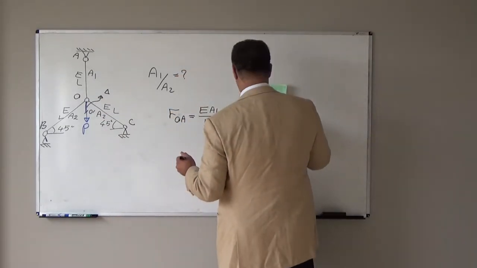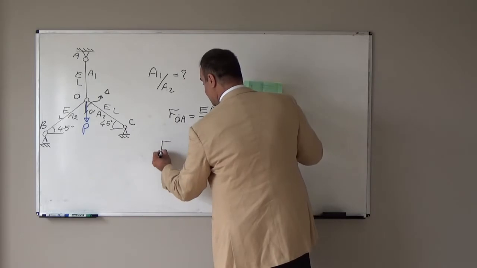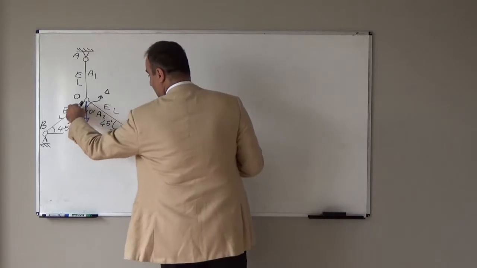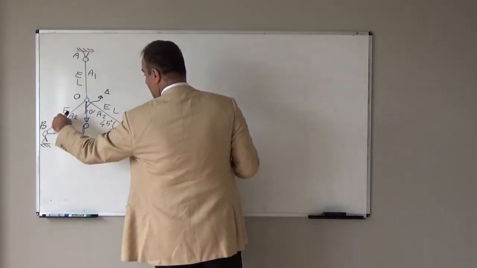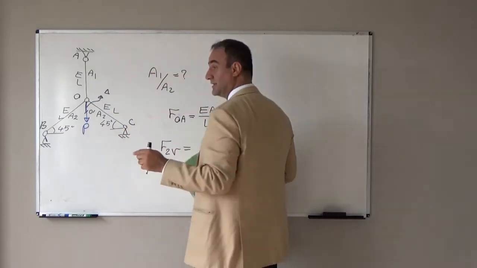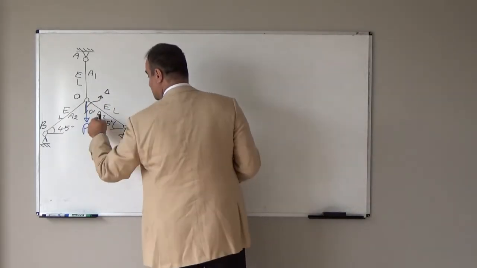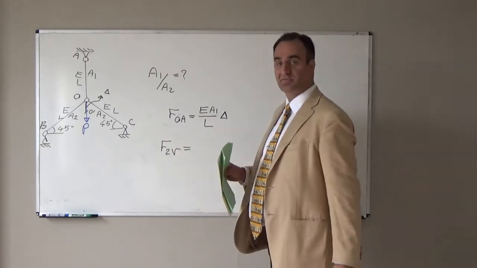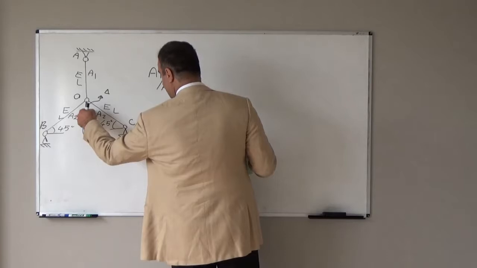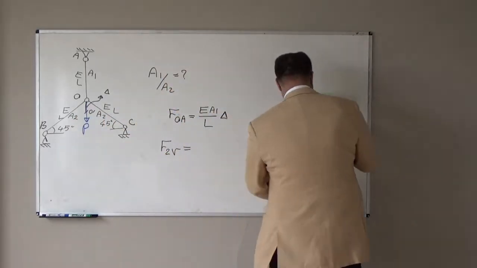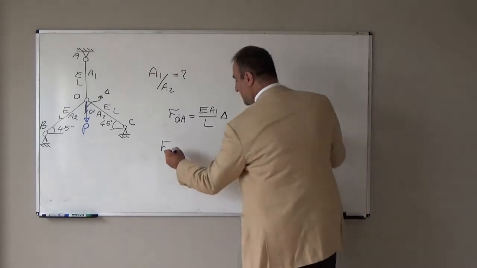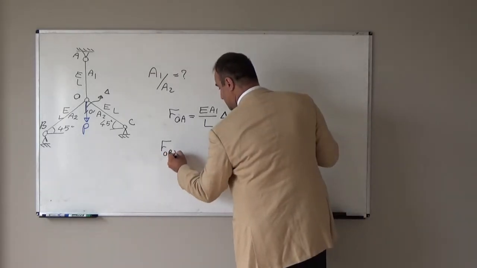On the other hand, for F2, consider the component of this force in the vertical direction. Pay attention, the internal forces in these two members should be equal because it is a symmetrical system. Let's show the component of this force in the vertical direction as FOB vertical.